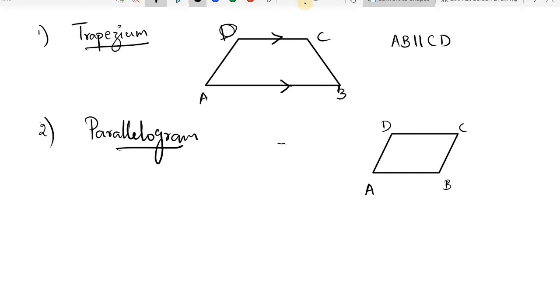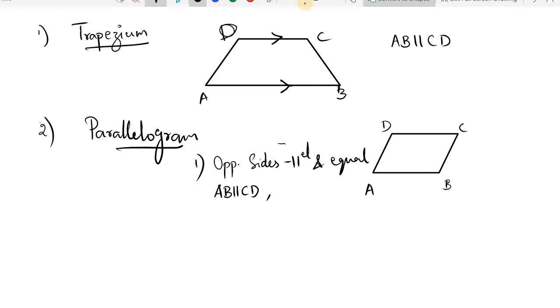So in this, the properties that we need to keep in mind are opposite sides are parallel and equal. What is the meaning of that? AB is parallel to CD.